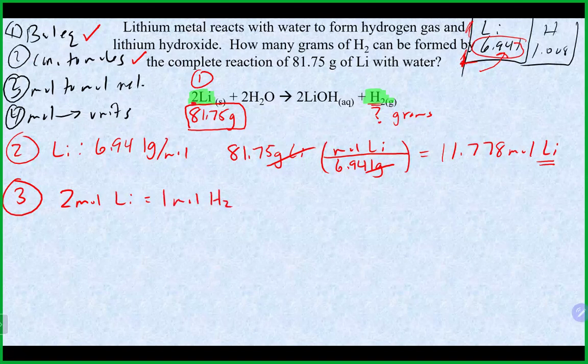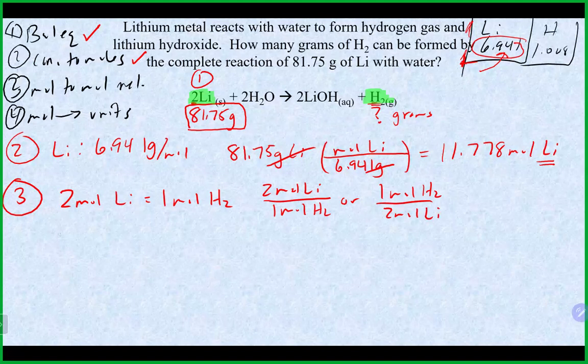It is just the coefficients from the balanced equation. That gives us 2 available conversion factors: 2 moles of lithium over 1 mole of hydrogen, or 1 mole of hydrogen over 2 moles of lithium.